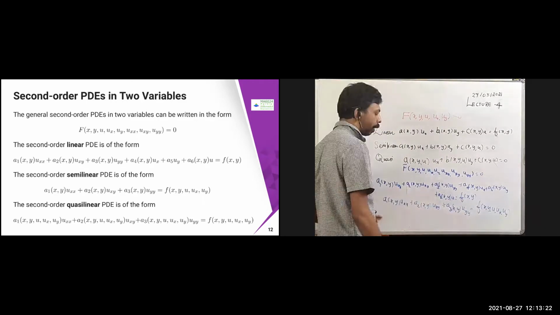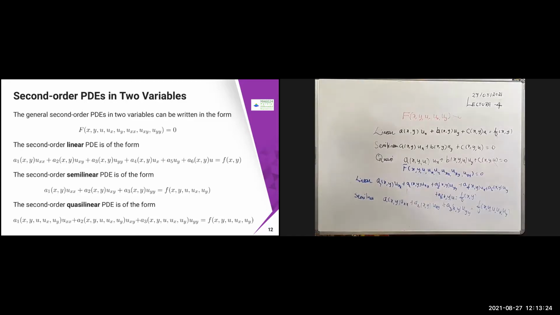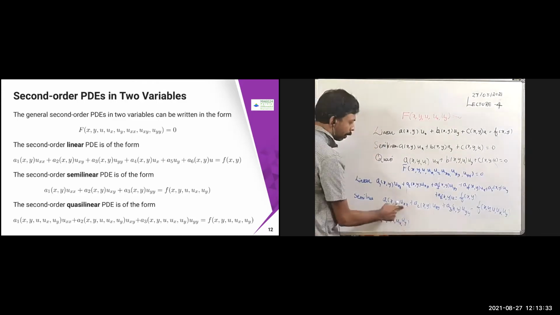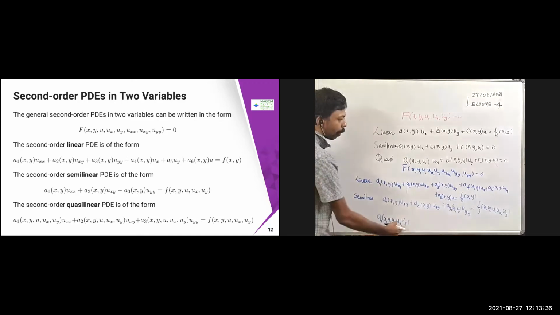Only the highest order derivative I have to check. Now for the quasi-linear, what do I have to write? I have to write a1 of x, y, u, ux, uy, which can be there because the highest derivative is uxx, so it can depend on the previous derivatives.